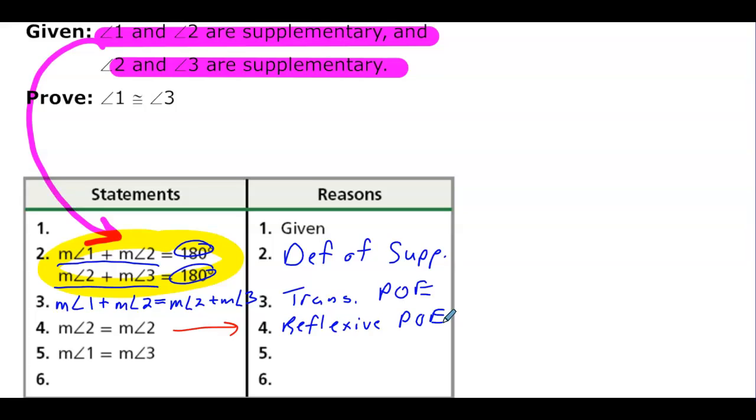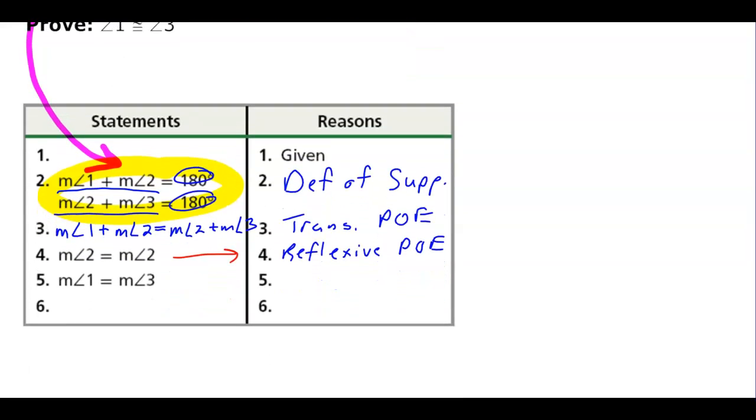Now, they have to say that because, look, how do we get from 3 to 5 now? Notice that 1 is still on the left side. 3 is still on the right side. But what's missing is the measure of angle 2. So what they did here, if you subtract the measure of angle 2 from both sides, now remember the measure of angle 2, that's some degrees.